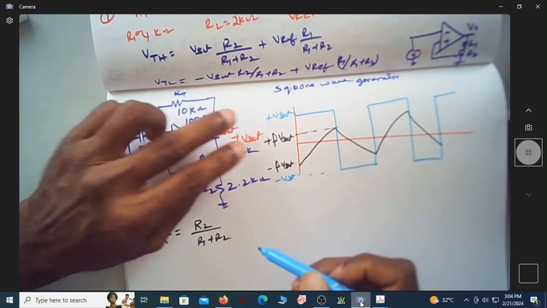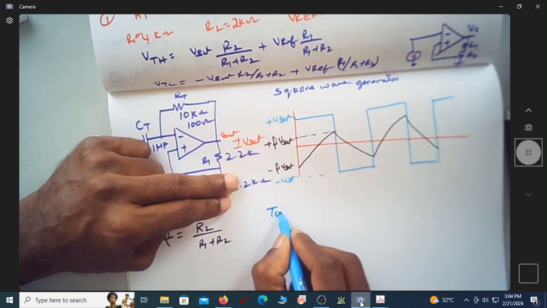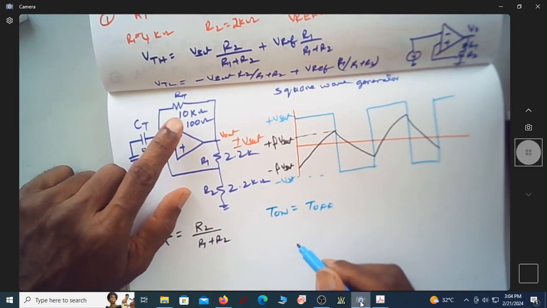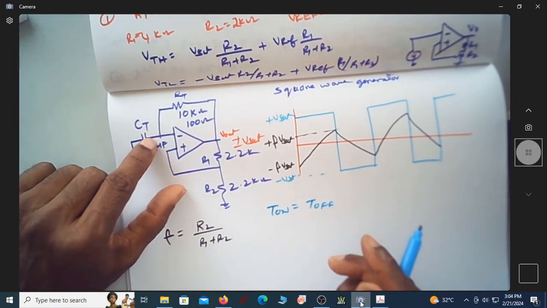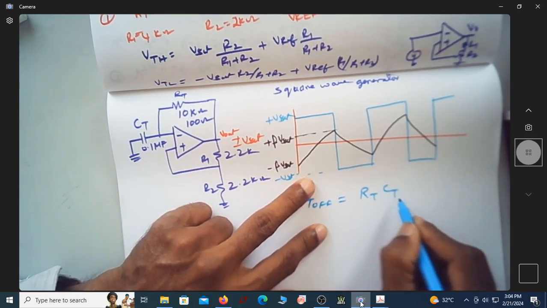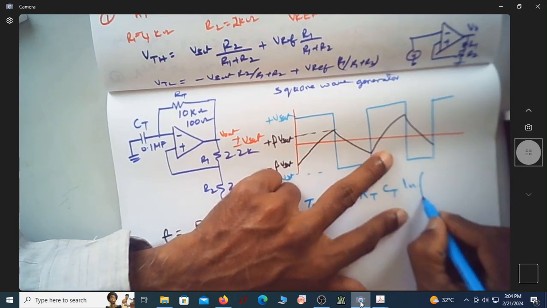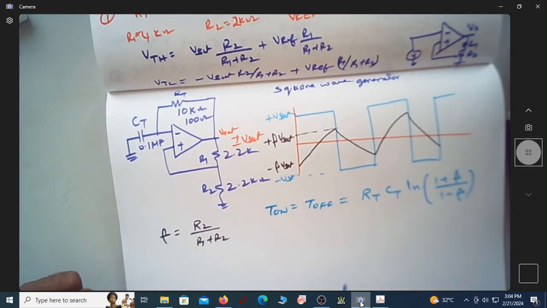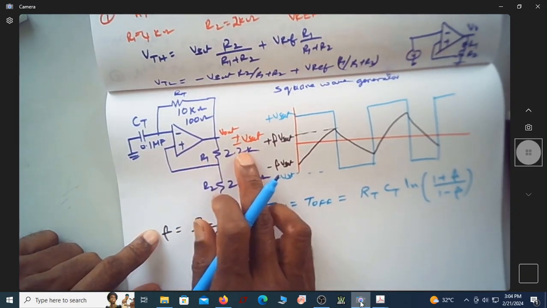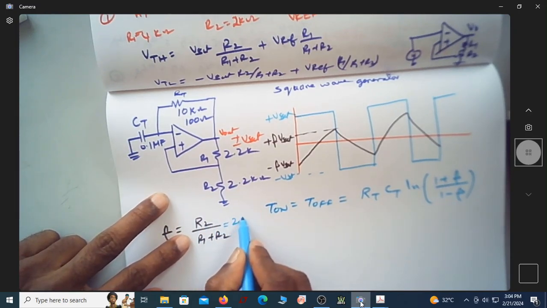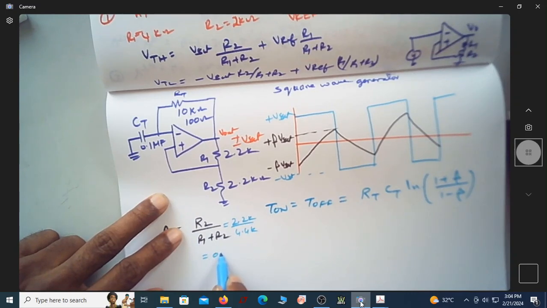Now we know the expression for the on time is the same as the expression for the off time, because we have the same charging and discharging path for this capacitor, which will be given by RT CT natural log of (1 plus beta) by (1 minus beta). Since R1 and R2 are given as 2.2k and 2.2k, this will be 2.2k by 4.4k, which is 0.5.